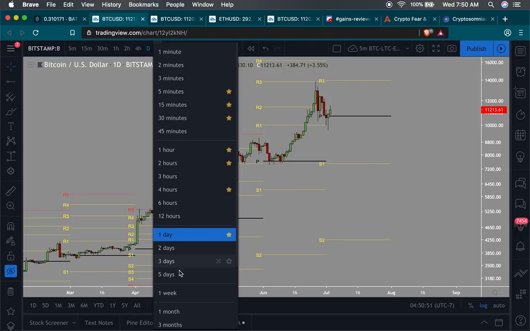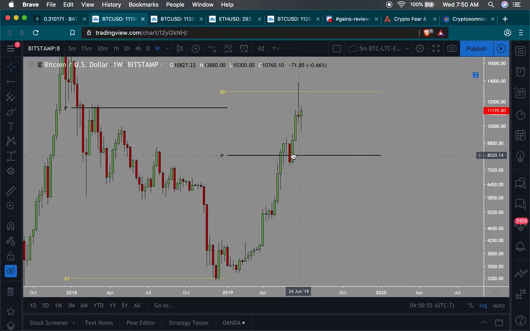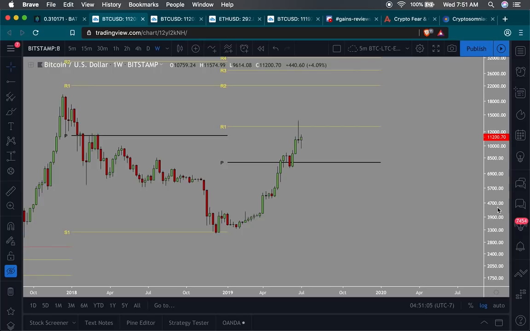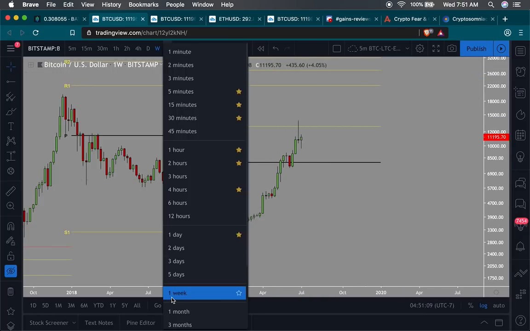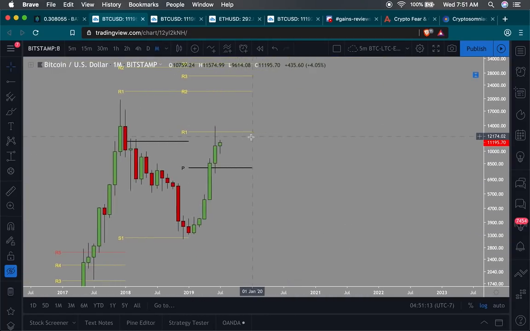The weekly time frame right here, even over here, we stayed above this weekly pivot, and now we're reaching towards that R1 pivot, which is about 12,900. So again, like I said, daily, weekly, even monthly and quarterly, there are a lot of positive signs going for BTC.